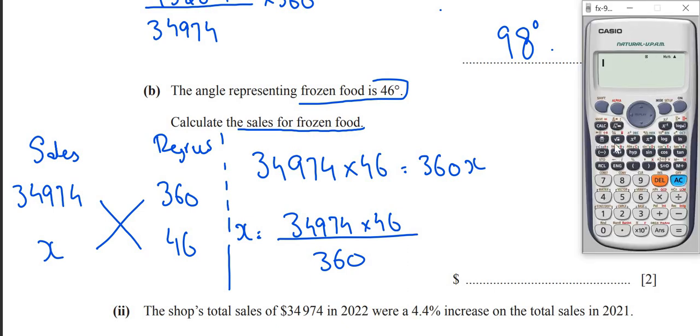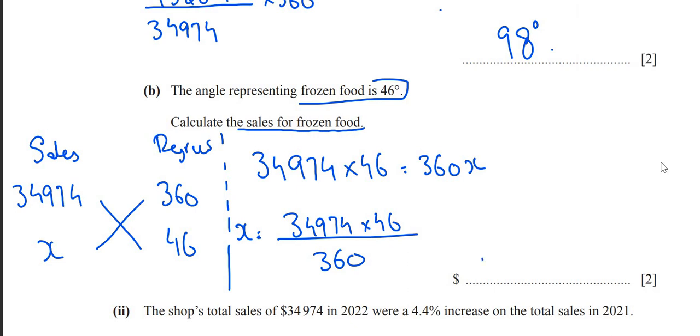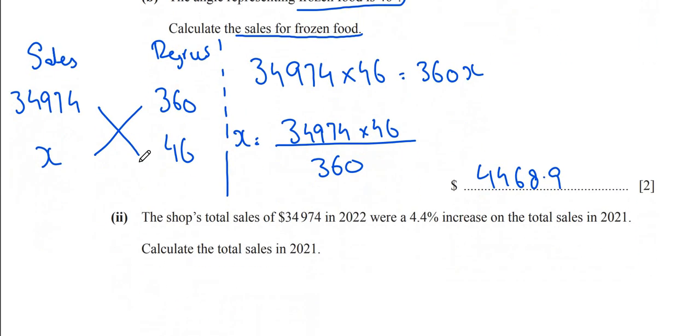So let's calculate this. 34,974 multiplied by 46 upon 360. So the sales are 4,468.9. Now let's move on to the next question.